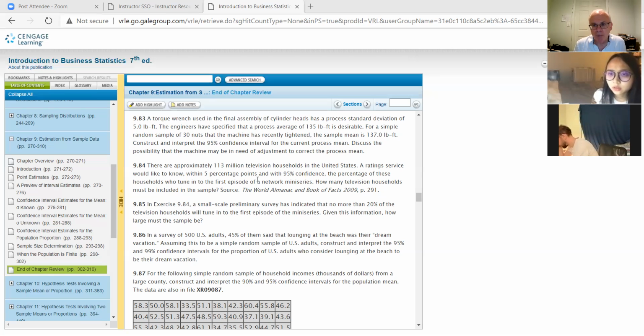If you are the mean and I'm within 5 feet of you on the left or right, 5 feet is the margin of error. Does that make sense? You're either subtracting 5 feet to the left or you're adding 5 feet to the right. I'm either to the left 5 feet less than where you are or to the right 5 feet more than where you are? Picture that in your mind.